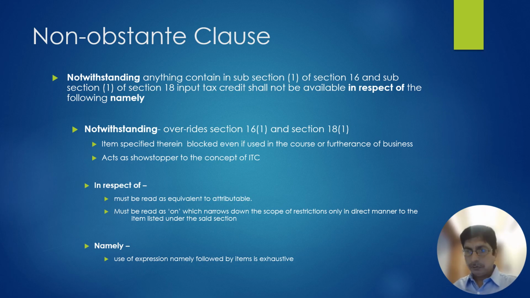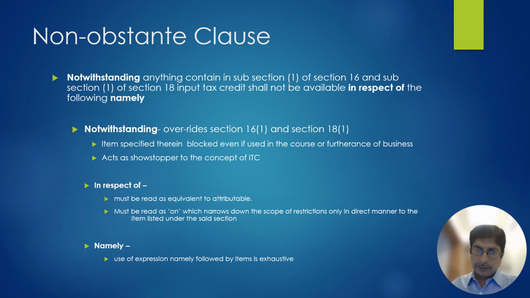Notwithstanding, what is the meaning of notwithstanding? Notwithstanding means it overrides the provision of section 16 and section 18 of the CGST Act. Let's take one example: a company purchased a motor car having a seating capacity of 5 persons, to be used by its salesperson, that is, to be used for business purpose.